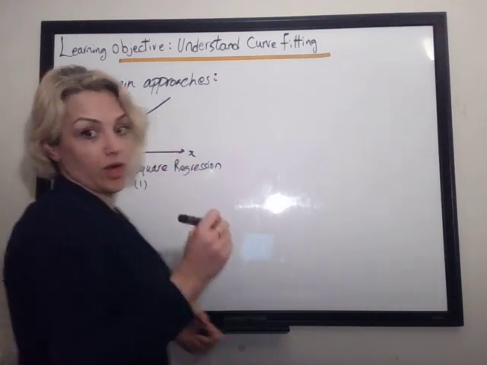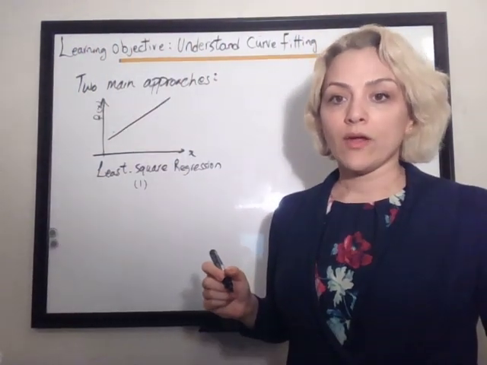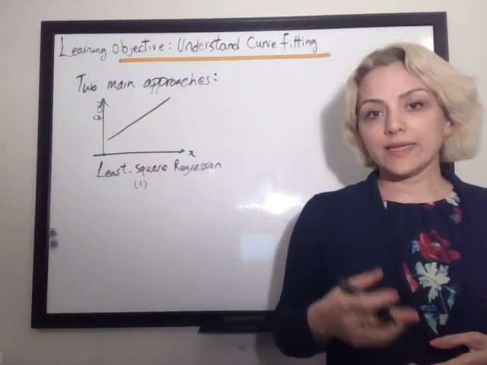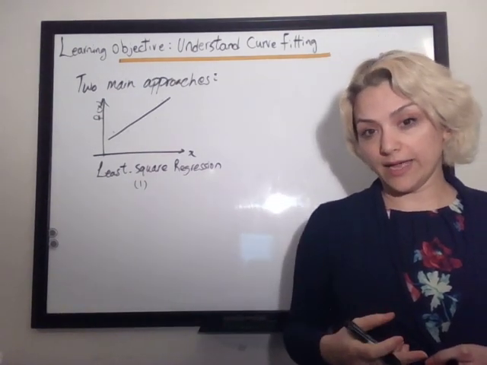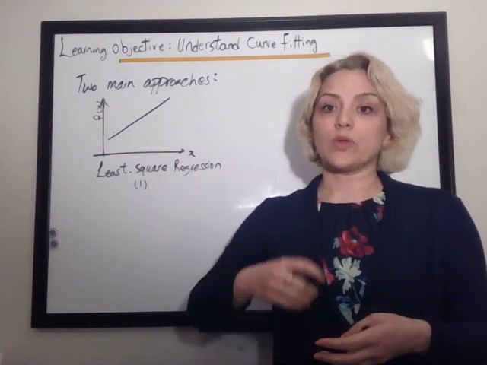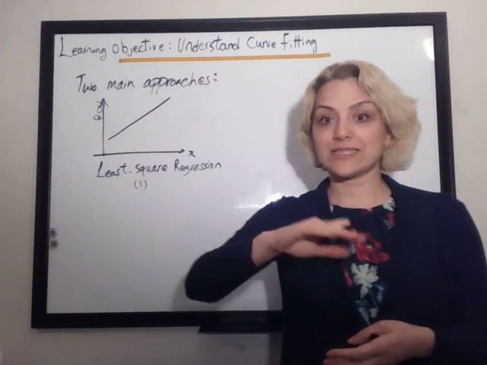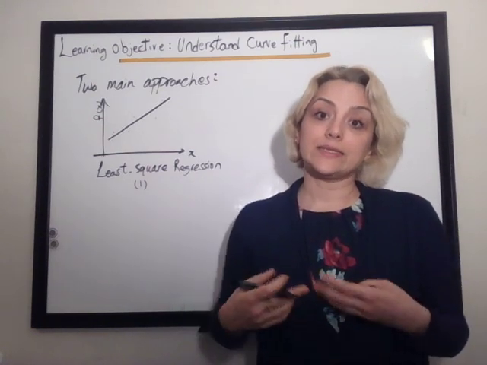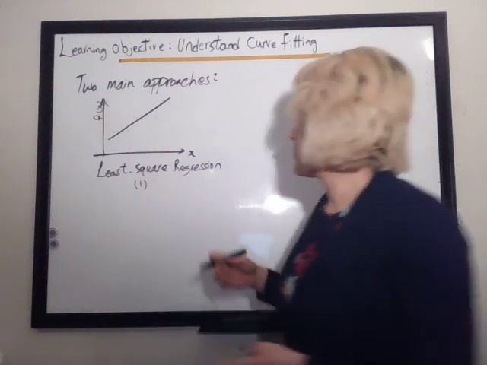The second one is interpolation. When the data are more precise and we want to fit a curve or a series of curves that pass through each point, in that case we say we are using the interpolation approach.